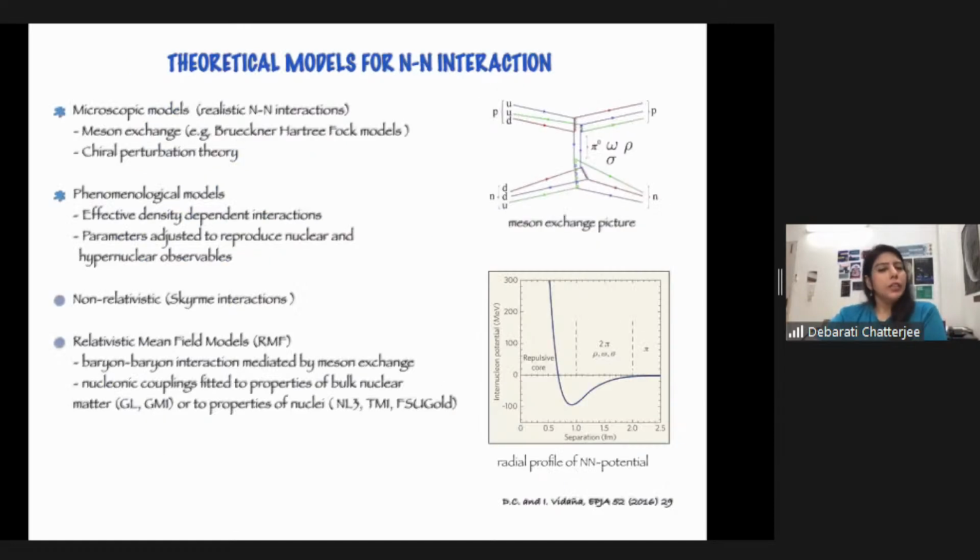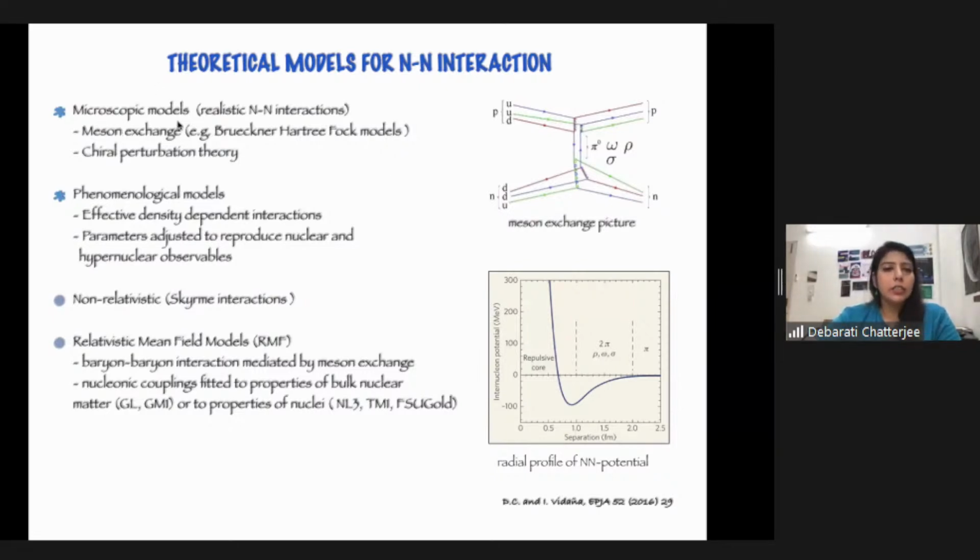So there are many theoretical models for nucleon-nucleon interaction, but I will tell you why these are so difficult to calculate. There are two major categories of nucleon-nucleon interaction, by which I mean the interaction between neutrons and protons, neutrons and neutrons by themselves, and so on. Some models are called microscopic models.